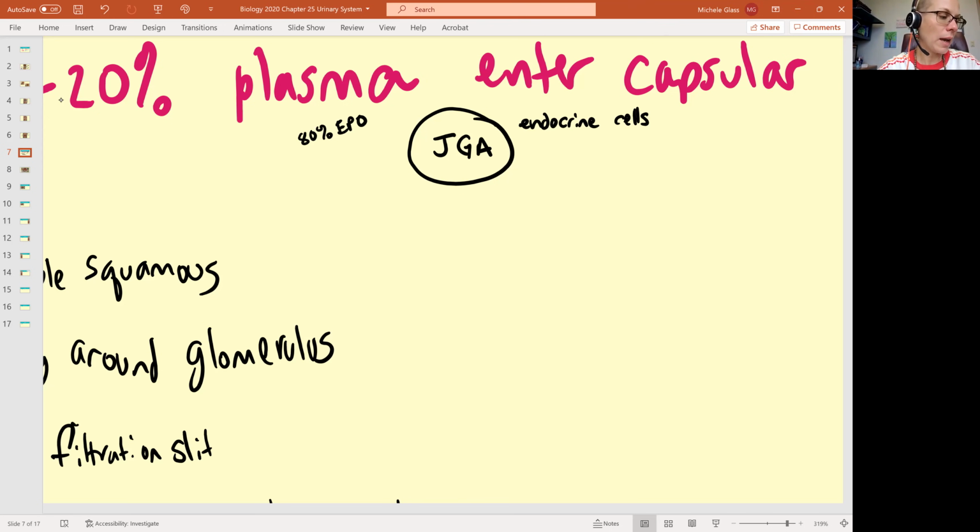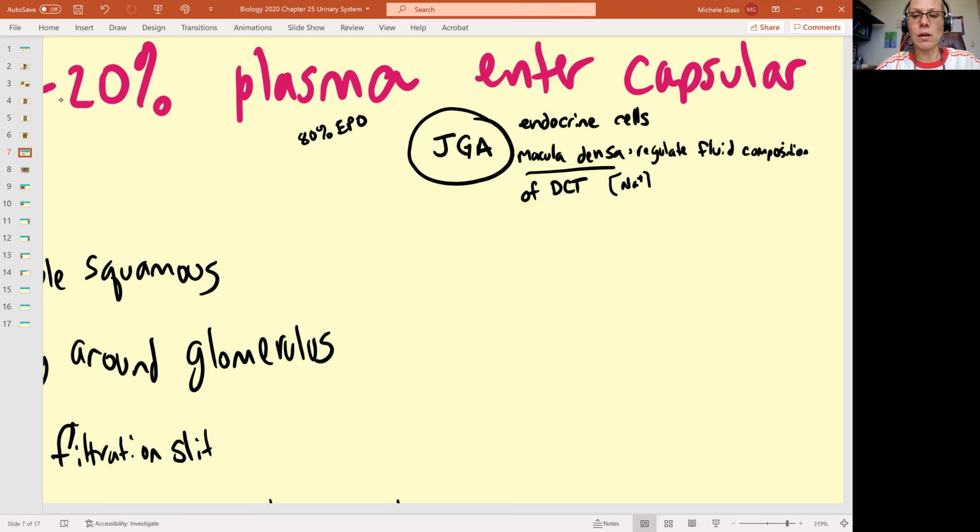We'll see that in the JGA we will have the macula densa. Macula densa is going to help to regulate fluid composition of the distal convoluted tubule, which we can abbreviate DCT. And so it's looking at both the concentration of sodium ion and at the flow rate.